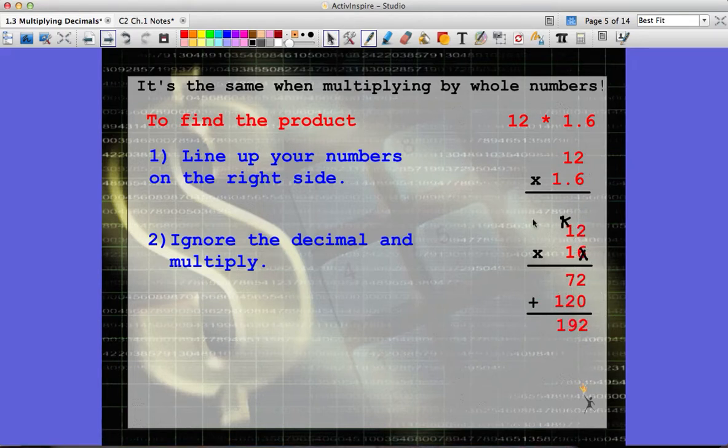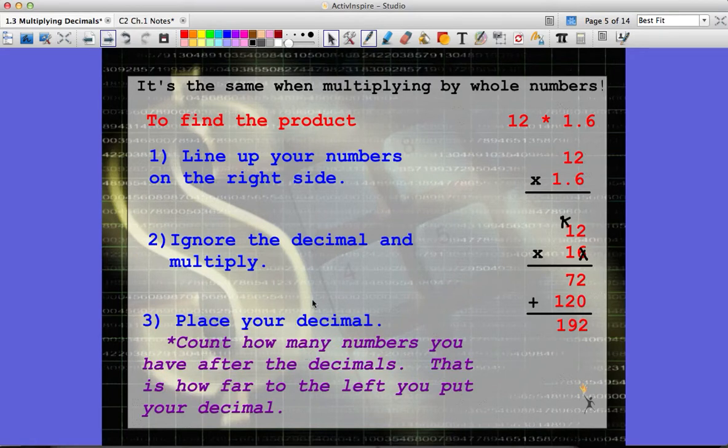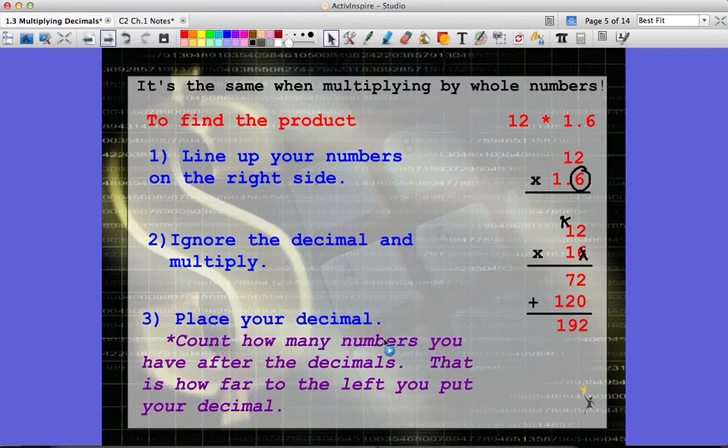And then again, the same thing, we place our decimal by counting how many numbers are after a decimal. Since there's only one number after a decimal, we only move our decimal one place to the left. So my answer is 19 and 2/10.